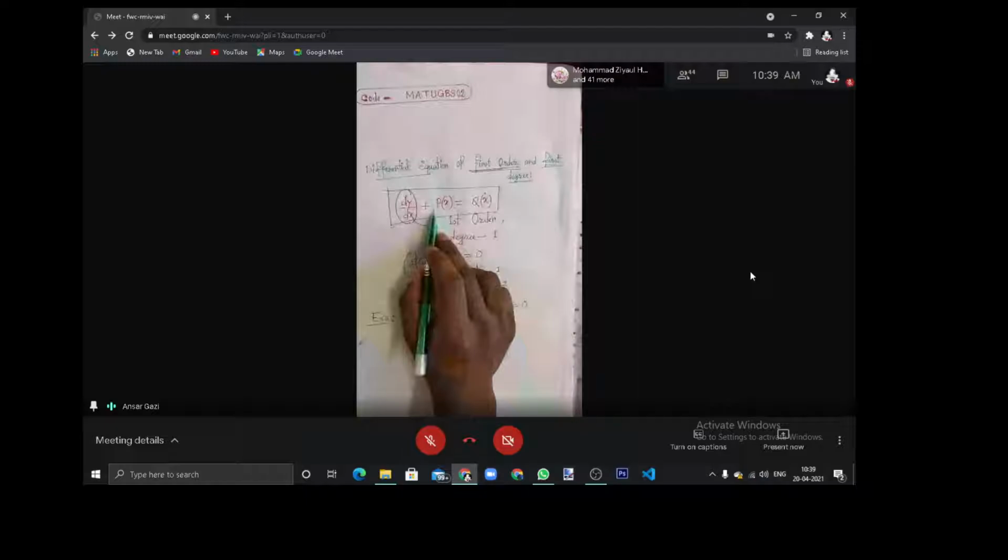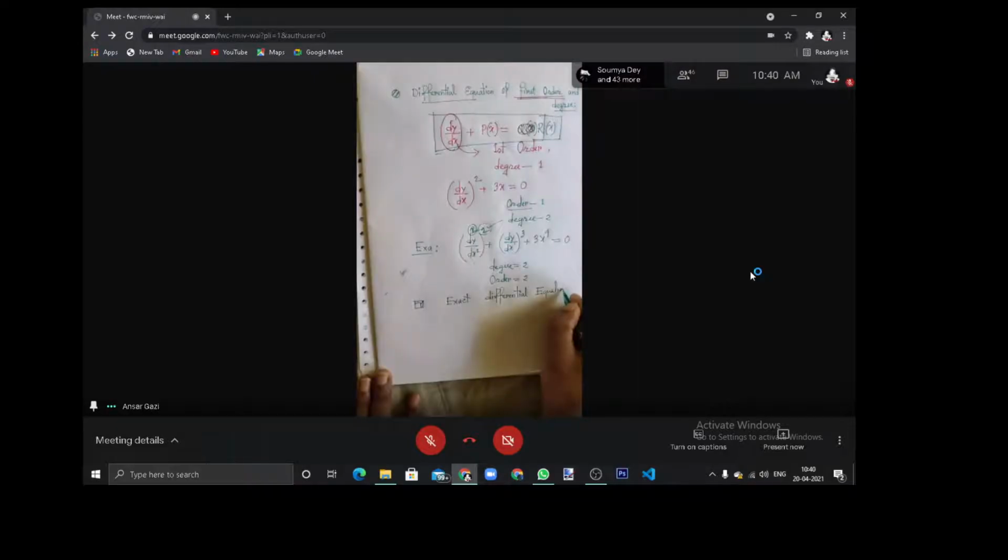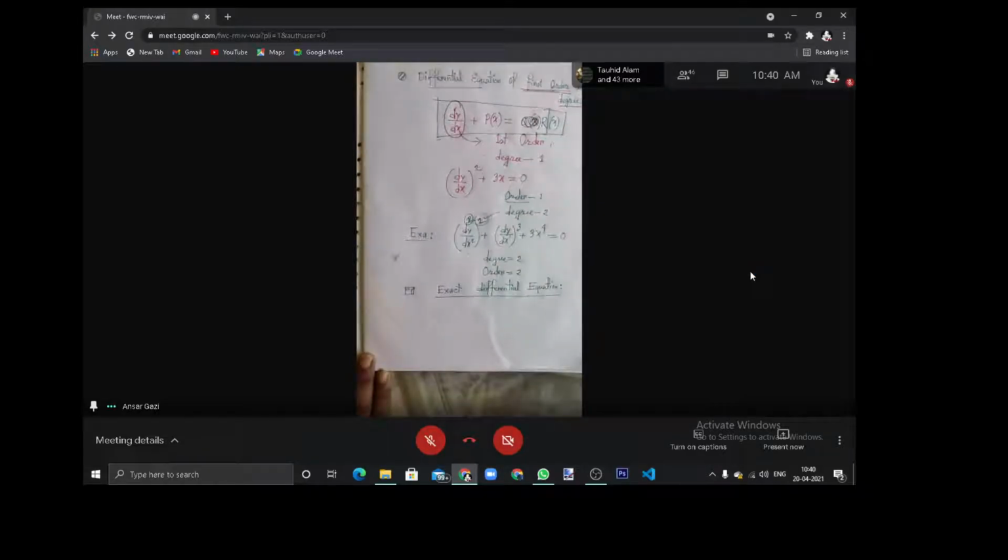What is an exact differential equation? Well, any differential equation of first order first degree, dy/dx plus something in x or y, we can write in this form.